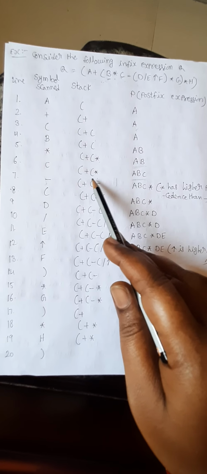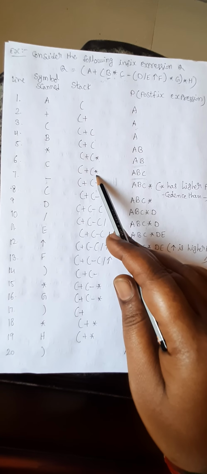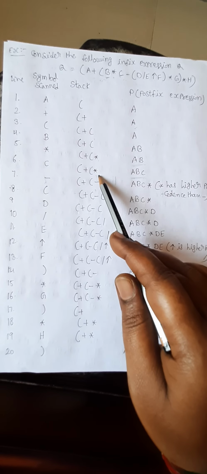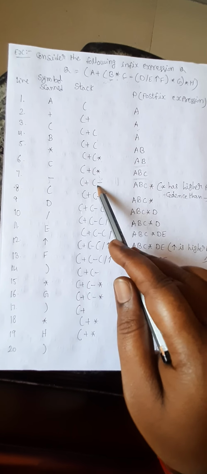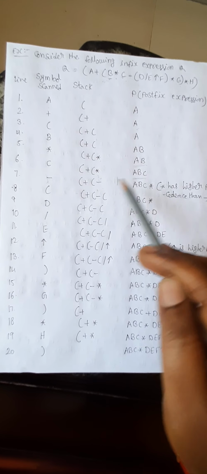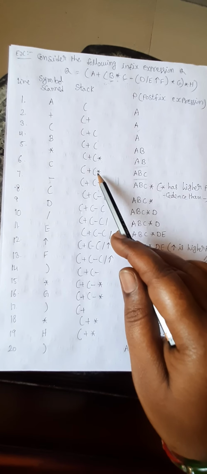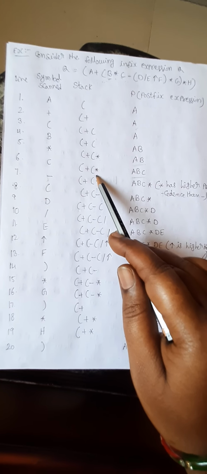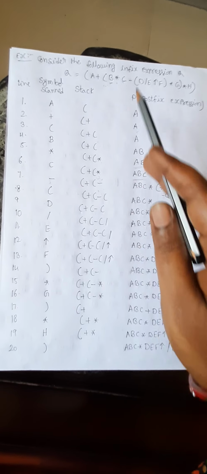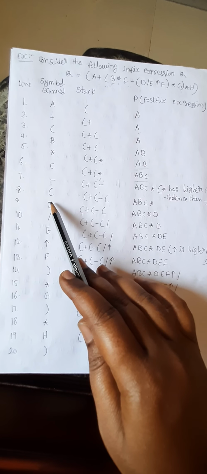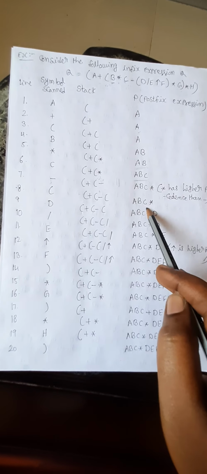Because when we compare minus and multiplication, multiplication has the higher precedence, so instead of adding minus into this postfix expression, we have to add multiplication, because it has higher precedence than the minus. And after that again we are opening the braces, so the braces will not be added to the postfix expression. Now the postfix expression is ABC multiplication.